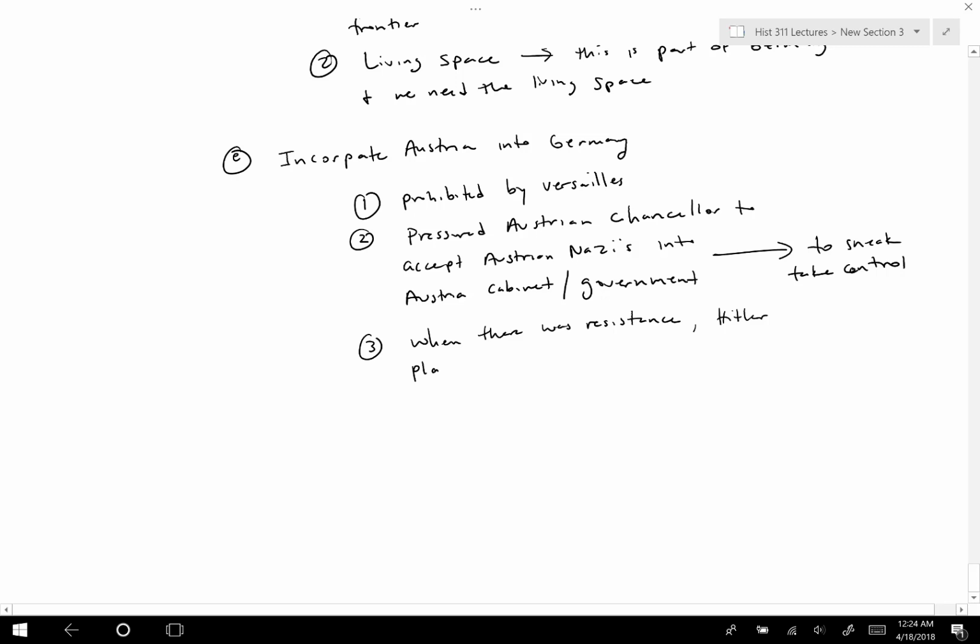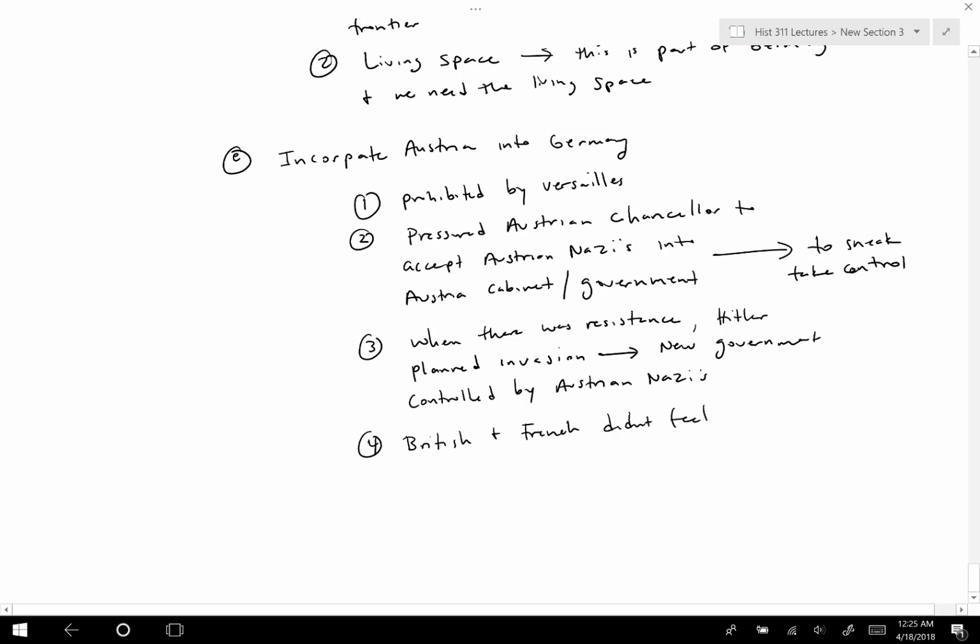Hitler planned invasion and threatened, I will take you over, and instead the requirement is a new government controlled by Austrian Nazis. And so this is how he took Austria, just like how he'd taken power in Germany, slyly moving in. And ultimately, the British and French didn't feel Austria was worth a war.